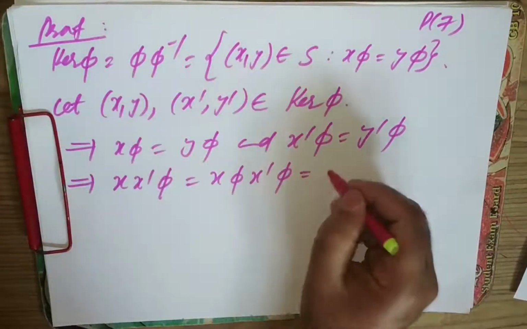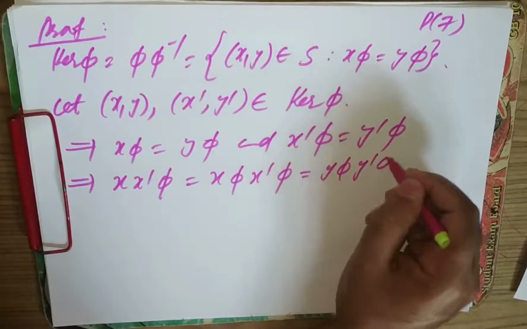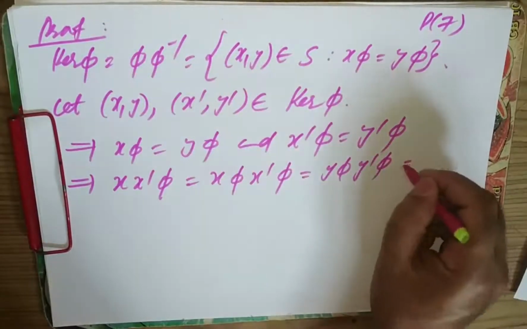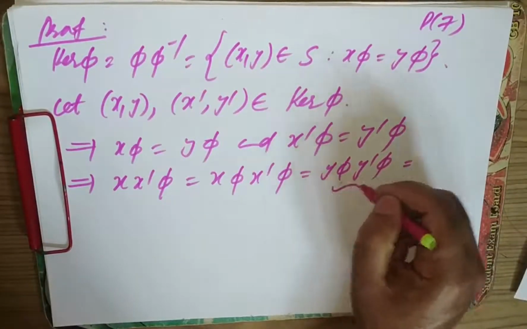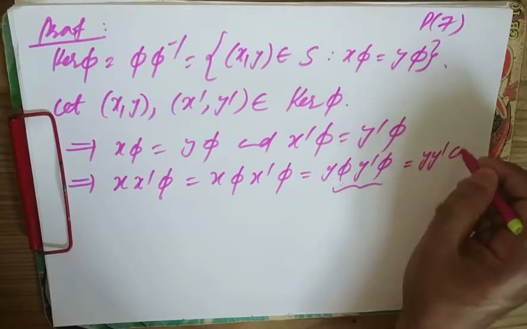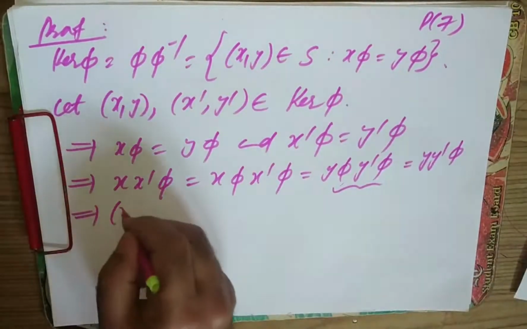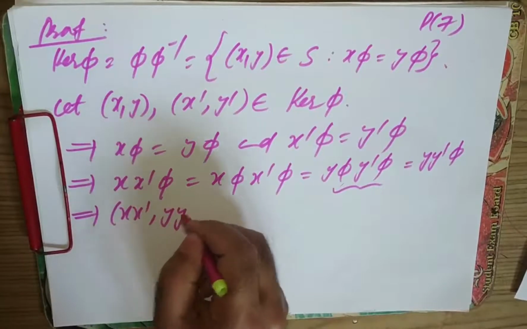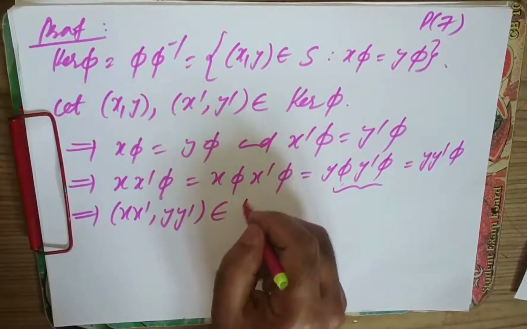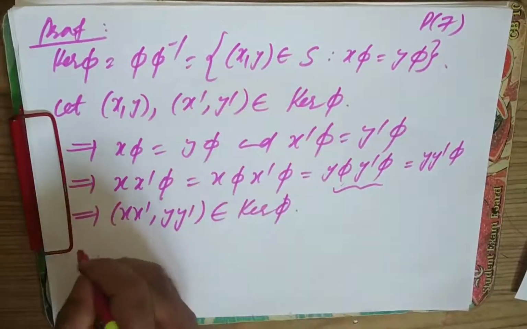But what's x phi? It's y phi, y dash phi, because y phi is equal to y dash phi. Now apply the morphism property of phi. It's y y dash phi. So that means x x dash, y y dash belongs to the kernel of phi. So therefore the kernel of phi is a congruence.